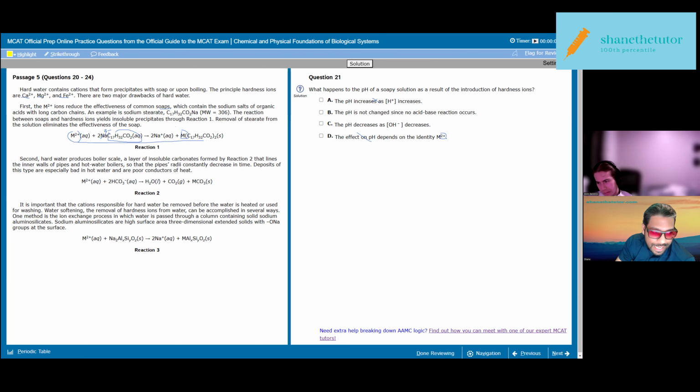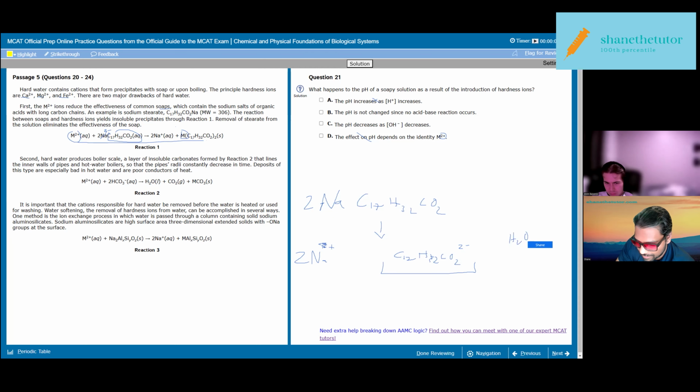I'm confused. So we have Na, like the C17H32CO2. Once we put this in water, it will dissociate like this. There's a two there, so it's really two of these, and C17H32CO2 2 minus, right? Now this would act as a base because it has a negative charge. It can protonate itself from the water.